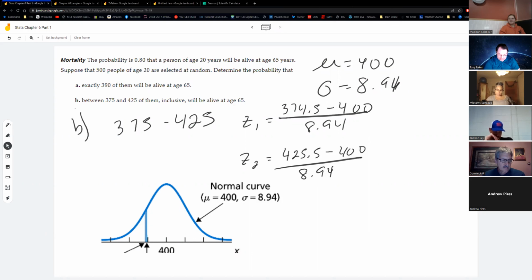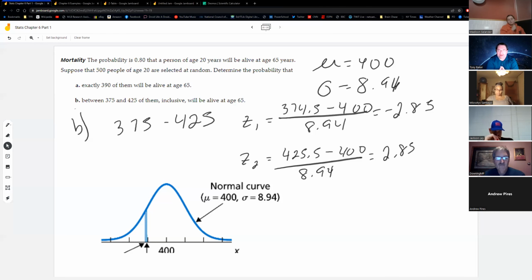So we get minus 2.85 and positive 2.85. Because they happen to be, remember, if the mean is in the middle, we're symmetric.